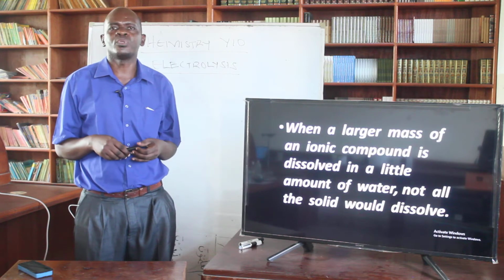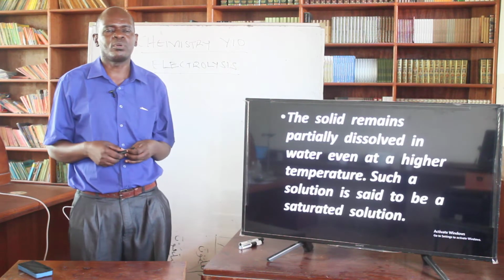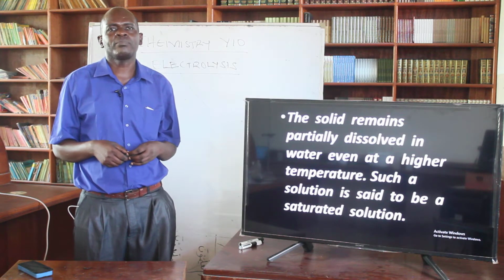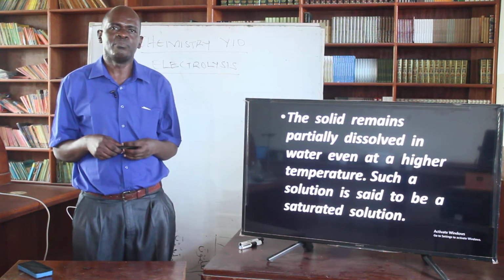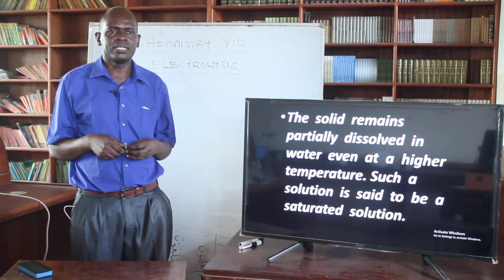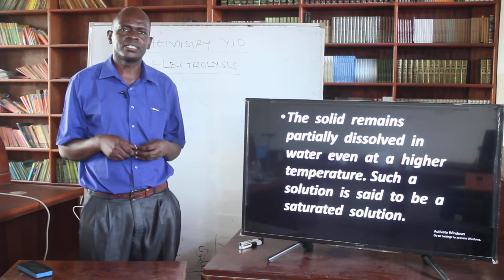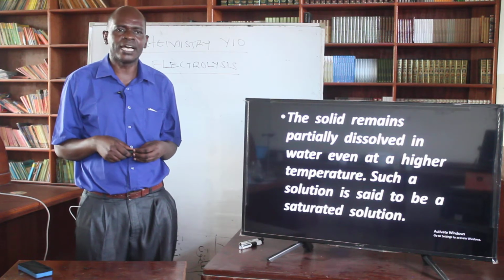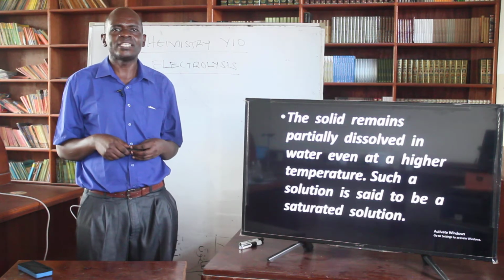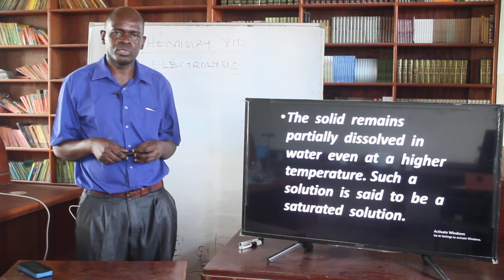This solid remains partially dissolved in water, and even if you heat the mixture to a temperature higher than room temperature, the excess solid will remain undissolved. At that state, this solution is said to be a saturated solution.